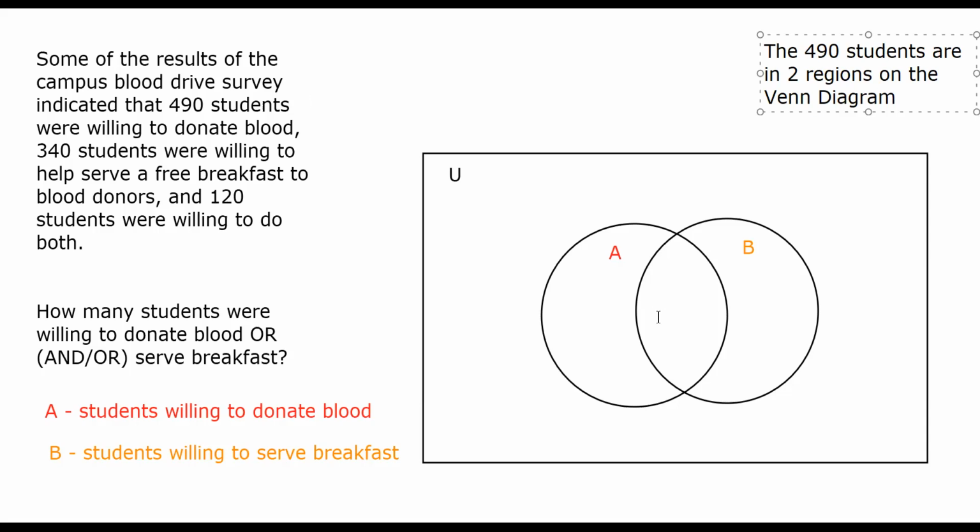In the middle region is 120 because it straight up tells us 120 are willing to do both. That's going to be the number of people in the middle.